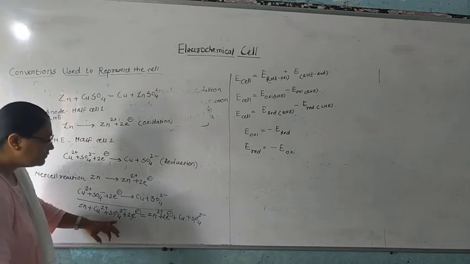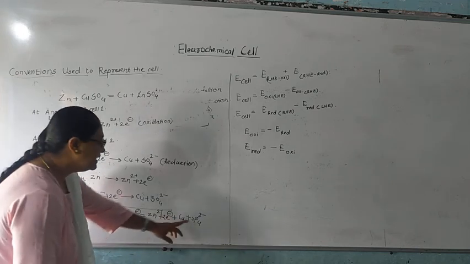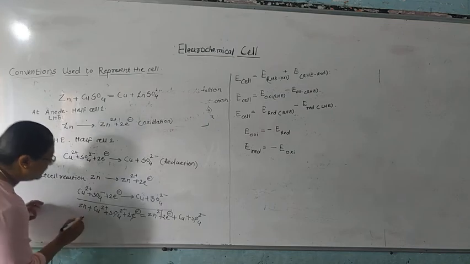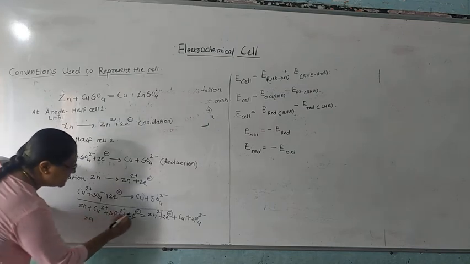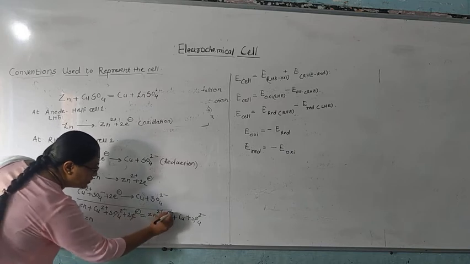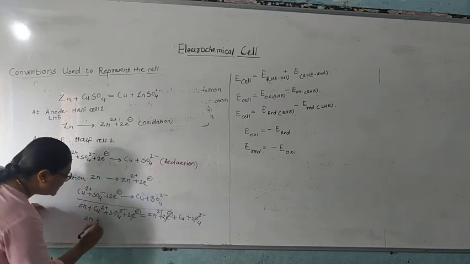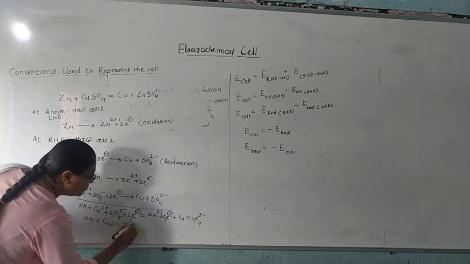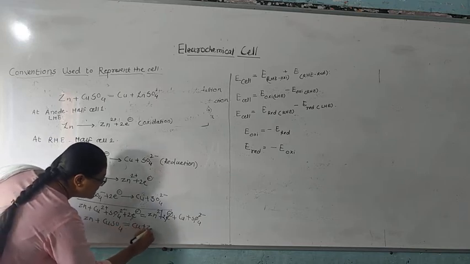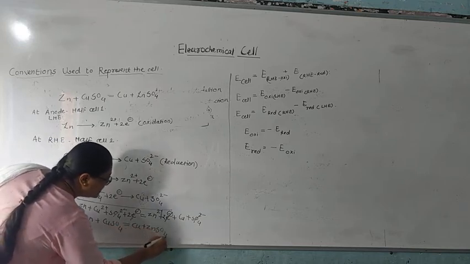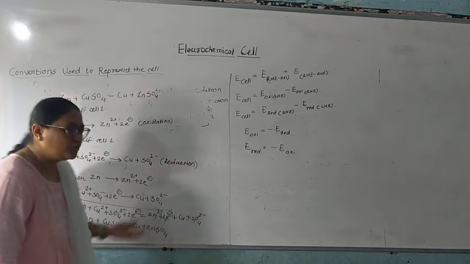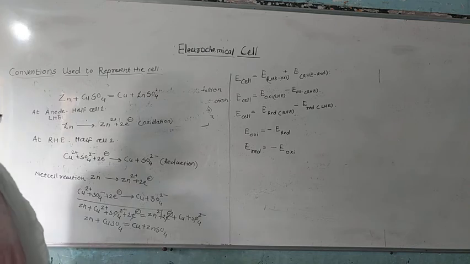Instead of cutting them, you can write it as zinc sulfate, and here you can write this as copper sulfate. That means your reaction becomes, if you cancel only the 2 electrons, zinc plus copper sulfate is equal to copper plus zinc sulfate. Zinc will form zinc sulfate with the SO4 2 minus ion. So this is the net cell reaction.